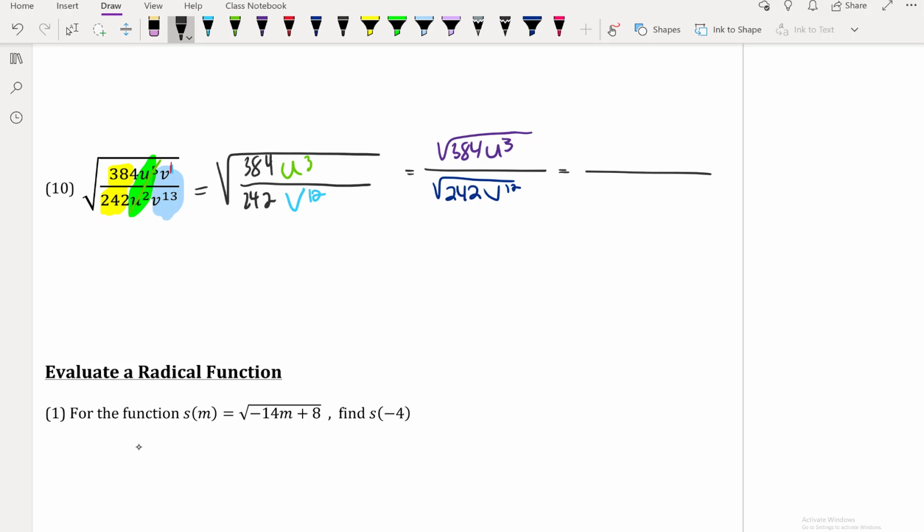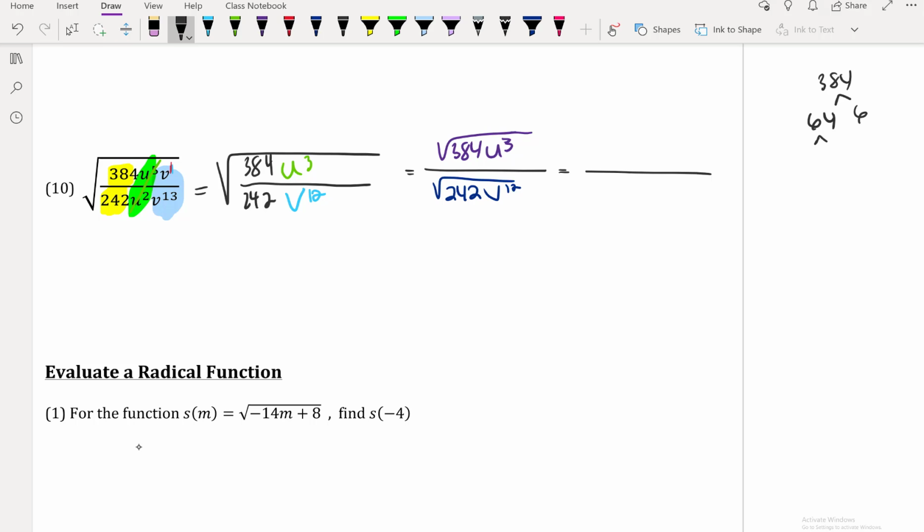So I'm going to deal with each one separately. So on my calculator, if I have the square root of 384, you can either plug this into your calculator directly, or you can just break it down. So if I have 384, I know that I can have 64 in there. So let's see, 384 divided by 64, that's going to give me a 6.